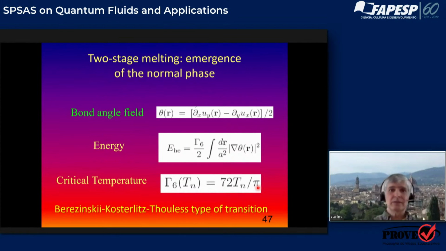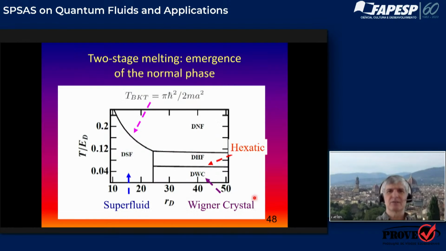So for this critical temperature, you can derive the energy of the system in terms of a phase or bond angle. It's essentially the same kind of mechanism as the BKT transition. And you can find a critical temperature associated with this bond angle phase, which is related to the BKT, which has an expression like this, and find out what the critical temperature of the system is.